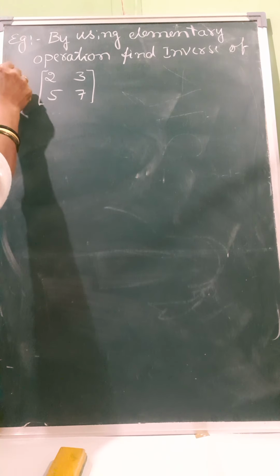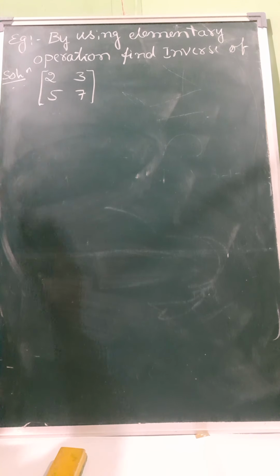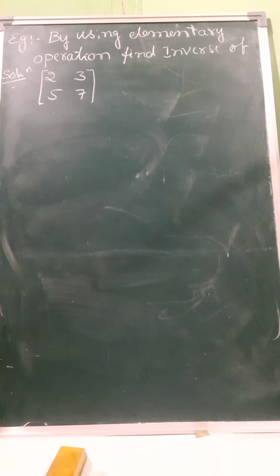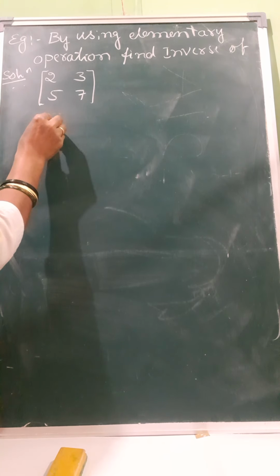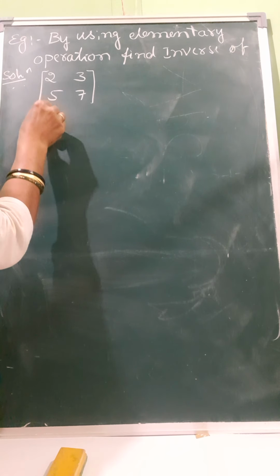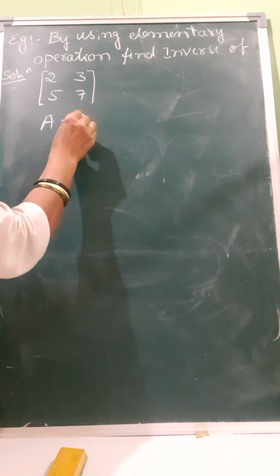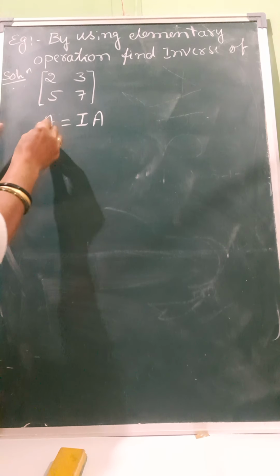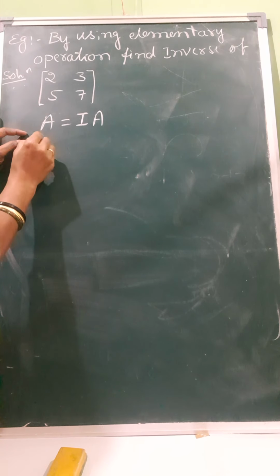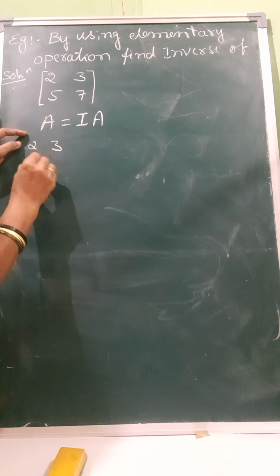In the solution, this is the matrix 2, 3, 5, 7. The first step is, I will write A is equal to I into A. Substitute the value, matrix 2, 3, 5, 7.